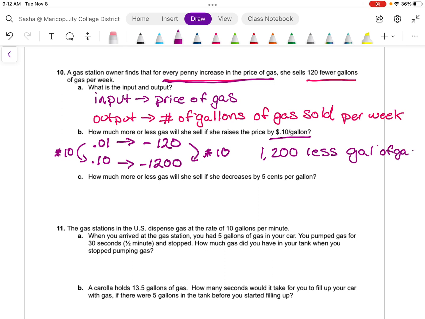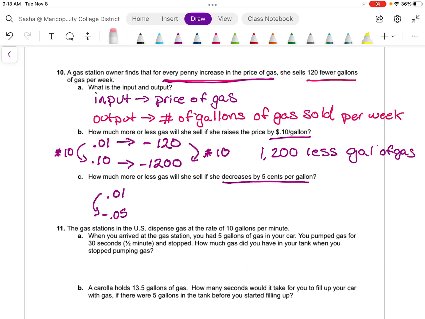Now, what if she decreases the price by 5 cents a gallon? So this time, instead of going up 10 times the amount, we're going down. We're going from 0.01 and saying she's going down 0.05, so it's almost like times a negative 5.